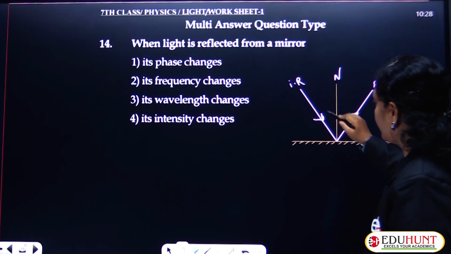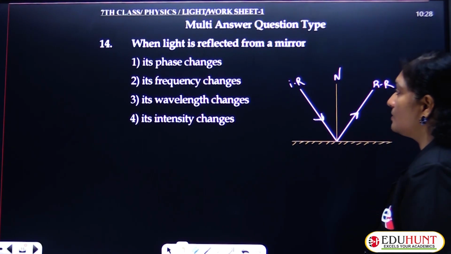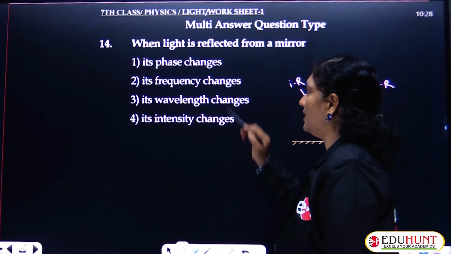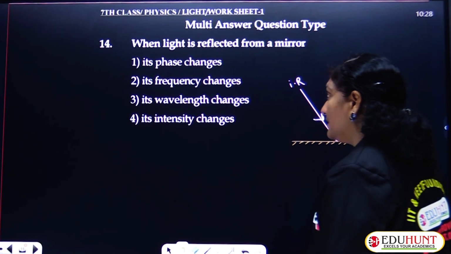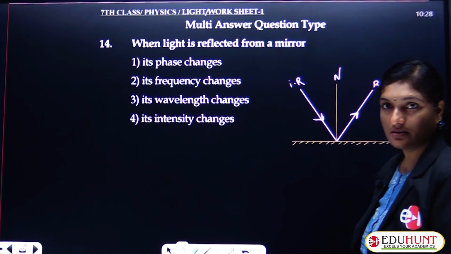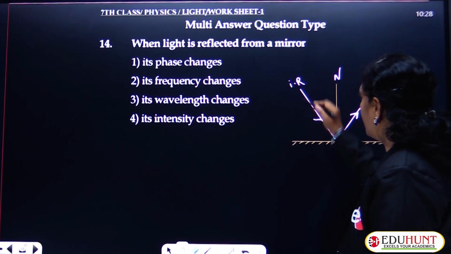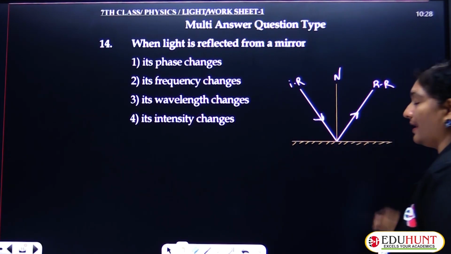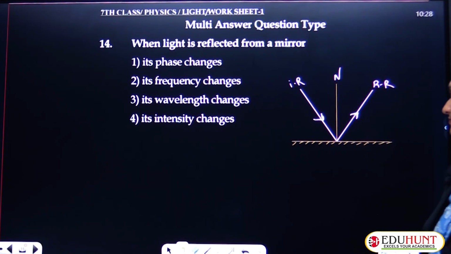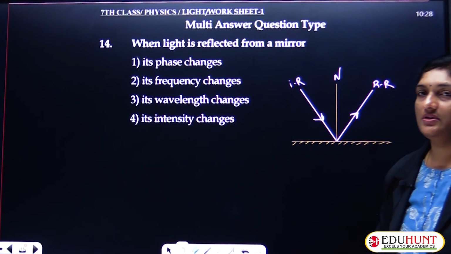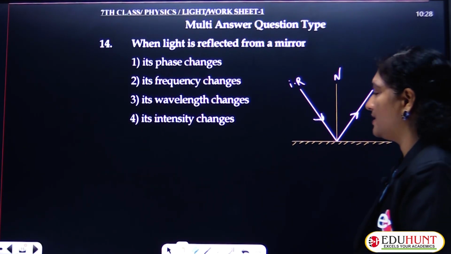So whenever light is reflected from the mirror, what changes do we observe? Obviously, its angle changes, its phase changes, because this was in one direction, this is in another direction. So of course, whenever direction changes, we can say that the phase changes.